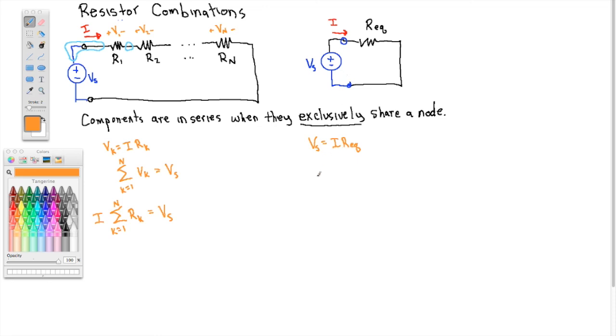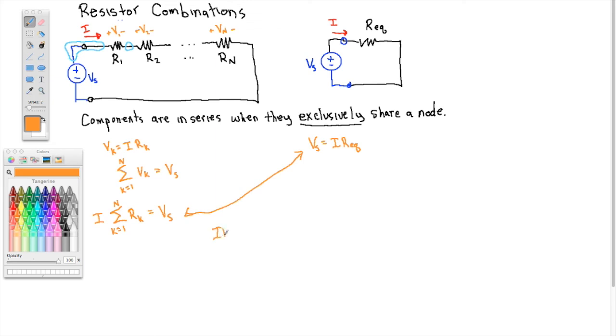Now, remember what we said at the beginning: the equivalent resistance draws the same current I when connected to the same voltage source Vs. So let me compare these two things. They must be equal, the Vs's in both cases, and the I's in both cases.